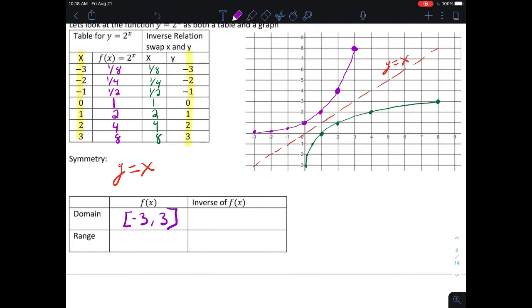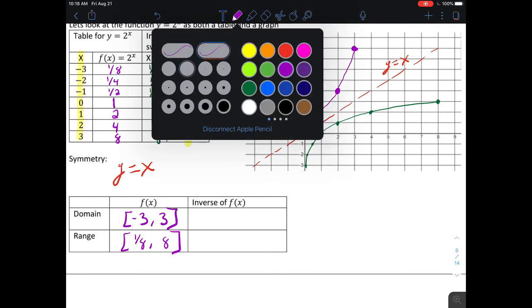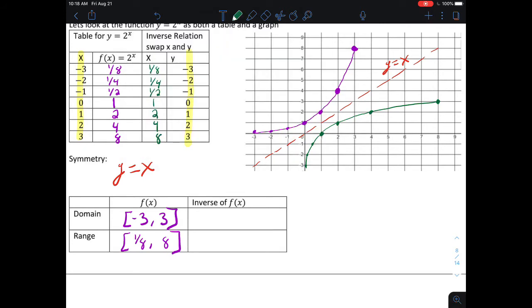The range of the f function, in terms of what we plotted, goes from 1/8 to 8. Now I want to do the same thing for the inverse function of what we plotted. So the domain for the inverse, the green graph, goes from 1/8 to +8. And the range, or the outputs, of this inverse function will go from -3 to +3.